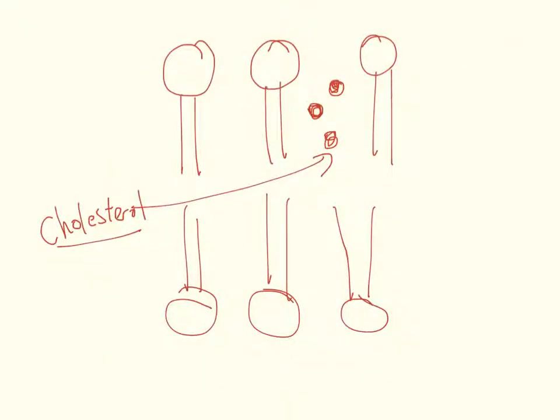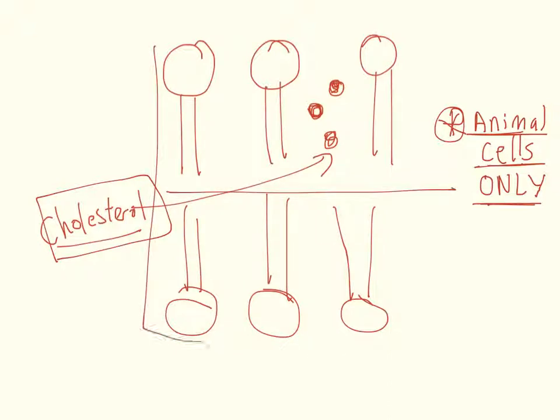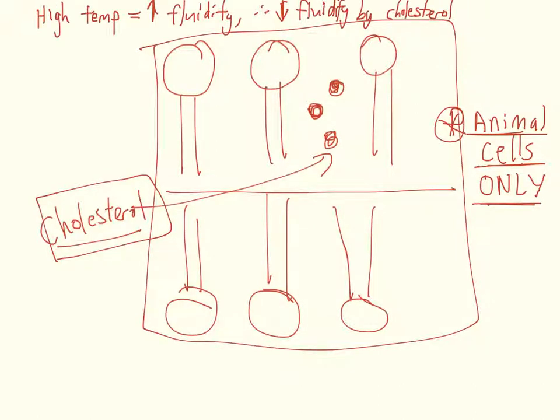Now, animal cells have yet another way of regulating membrane fluidity. Animal cells will actually use cholesterol within the plasma membrane to either help increase or decrease membrane fluidity. Cholesterol acts as a buffer. So if you have high temperatures, cholesterol will reduce the membrane fluidity by preventing these phospholipids from moving around too much, because you have these little cholesterol molecules in the way.